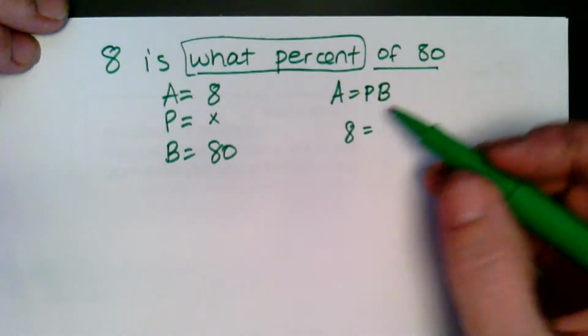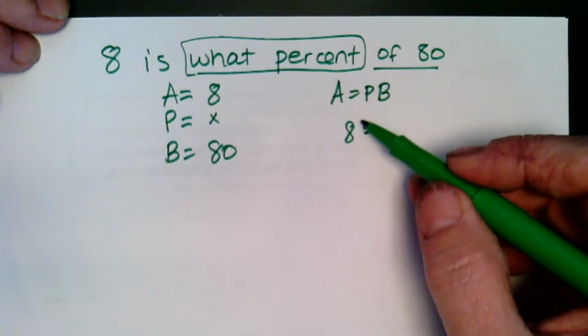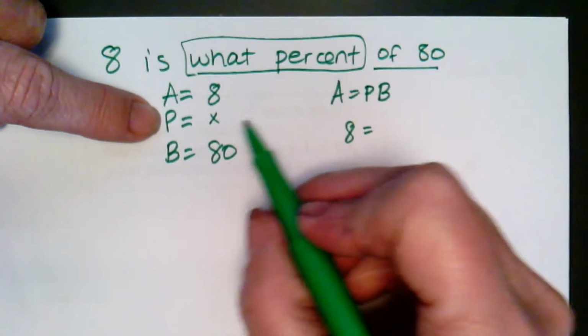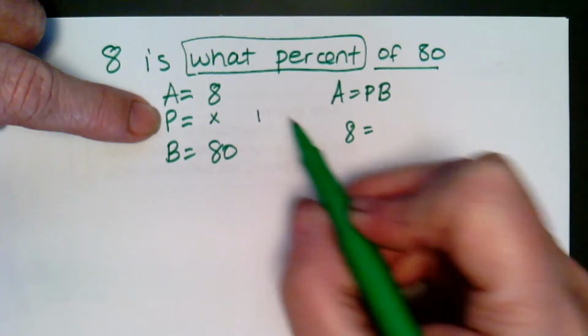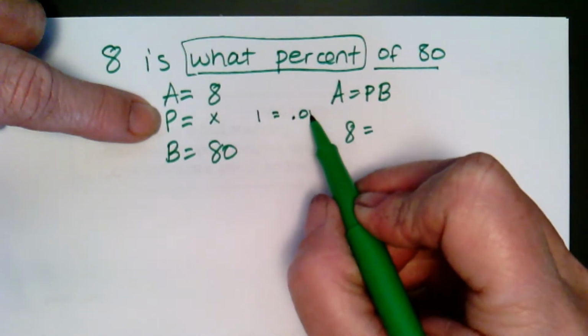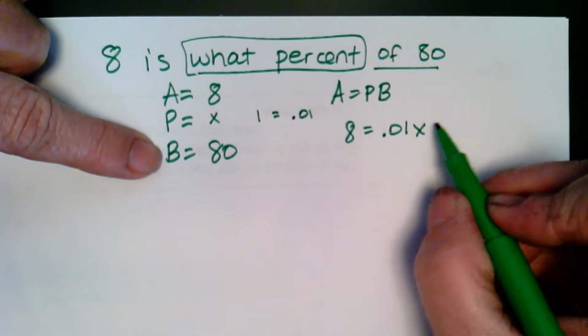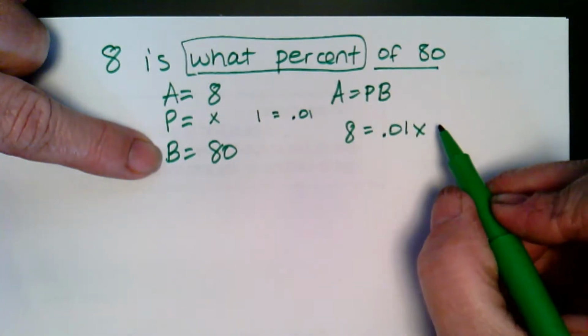Alright, so A is 8. Our P is 1x, but remember we have to write 1 as a decimal, so that would be 0.01. And our B is 80.